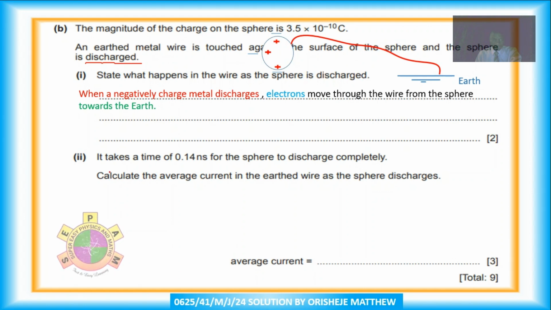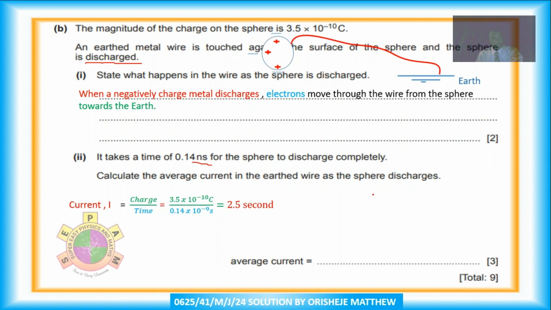Okay. Now let's go to part B, BII. It takes a time of 0.14 nanoseconds. The trap here is that nanosecond means 10 raised to power negative 9. So for the sphere to discharge completely, calculate the average current in the earth wire as the sphere discharges.